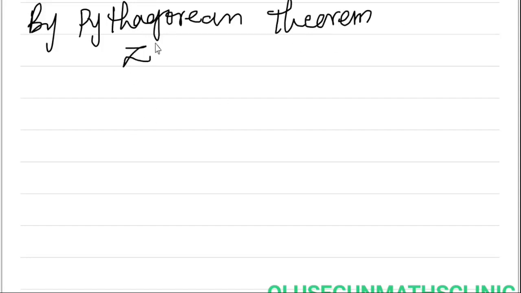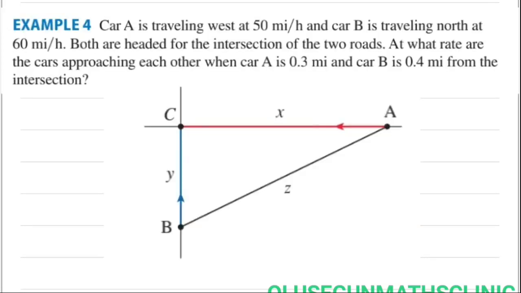We have z squared is equal to x squared plus y squared, because the Pythagorean theorem says the hypotenuse squared is equal to the sum of the opposite squared plus adjacent squared.